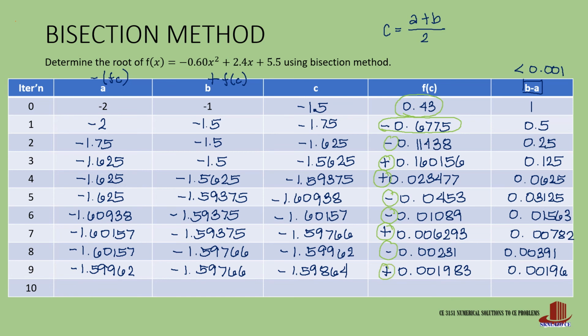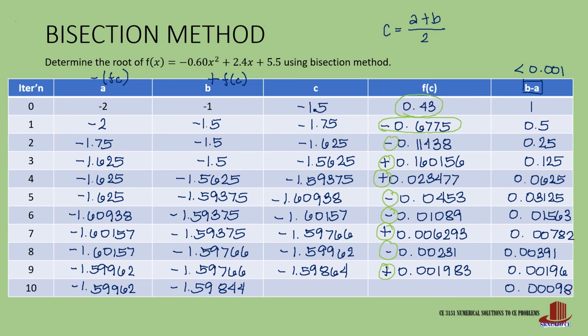So take the positive sign, which would mean that the lower limit would be remaining as 1.59962, but the upper limit would then be replaced with 1.59864. Let's check b minus a. We get 0.00098.